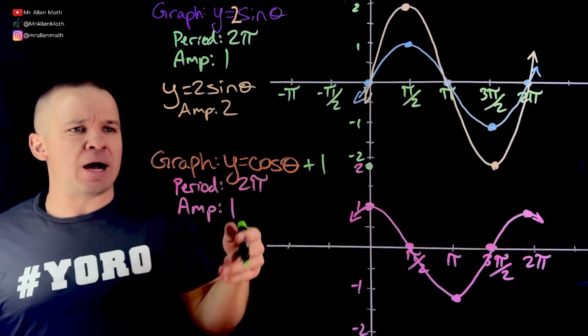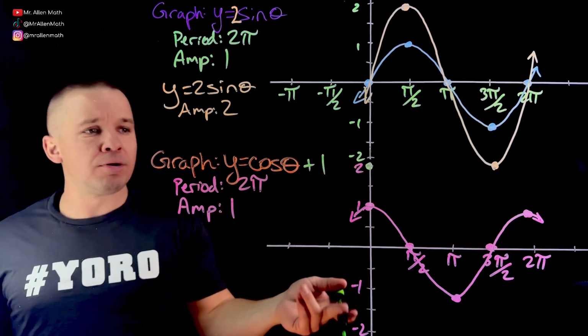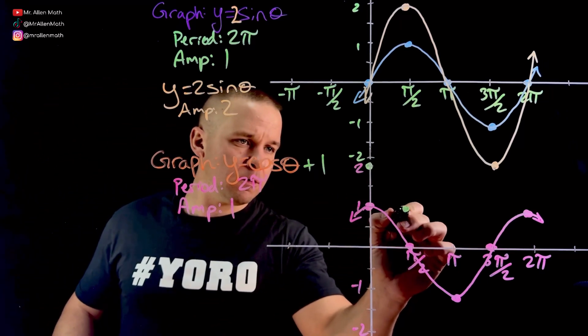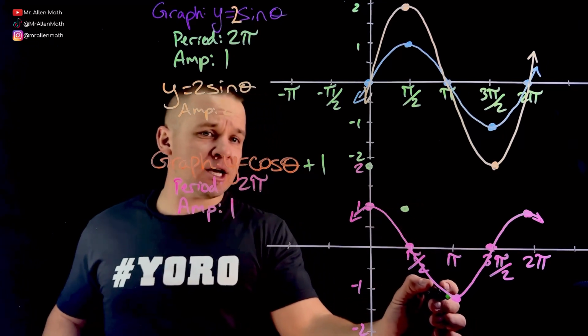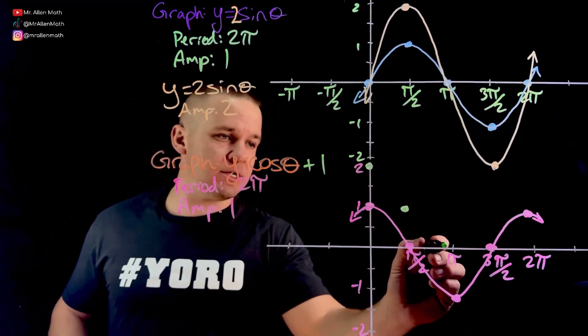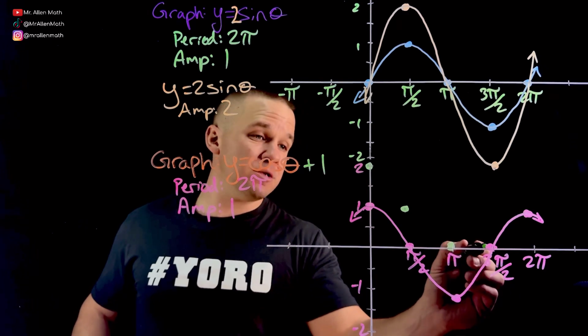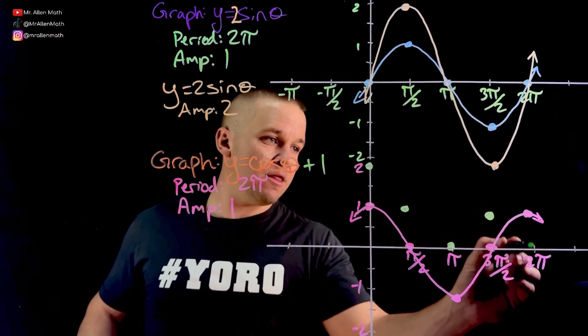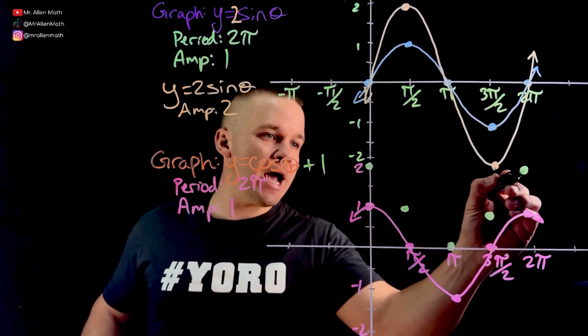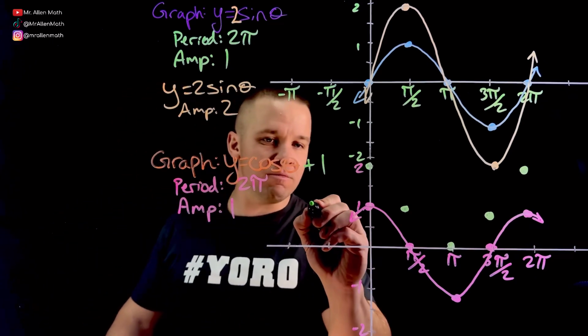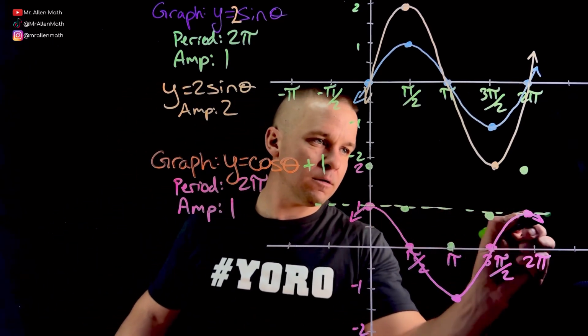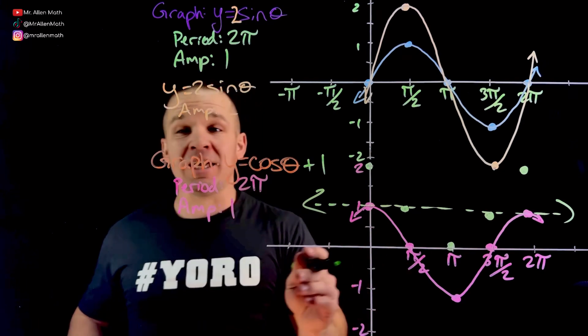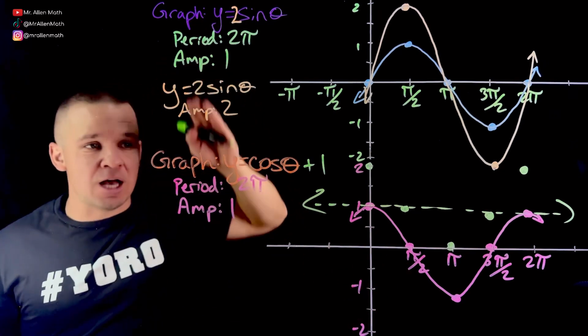If I had cosine of pi over 2, that was 0, plus 1 is 1. Then if we have cosine of pi, that was negative 1, plus 1 is 0. 3 pi over 2 is 0, plus 1, and then plus 1 here. We can start to see this like pattern that occurs. So now my new midline is right here that the function oscillates up and down from.